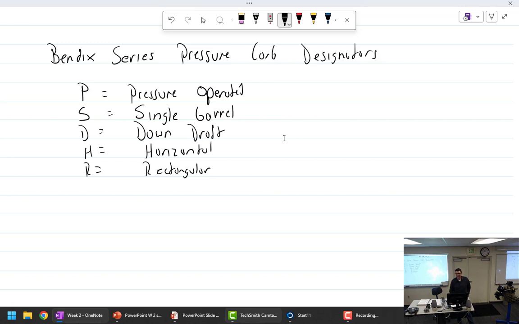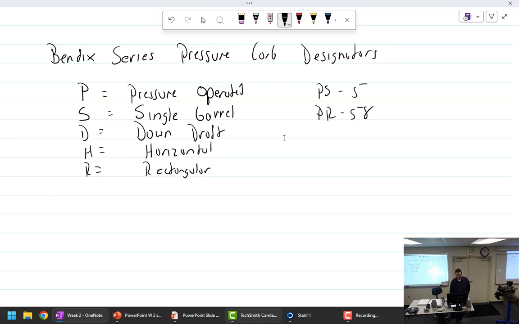The big one? Yeah, they're rectangular. So PR58. So we have the PS5. PS is pressure single barrel, and the PR58, pressure rectangular.